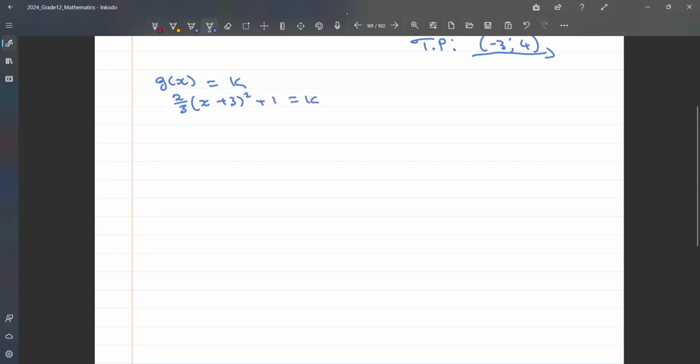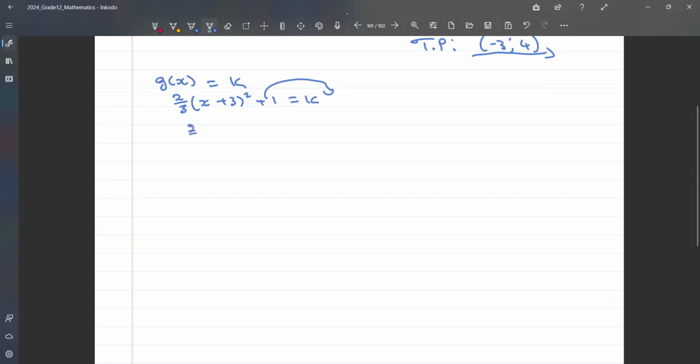Let's be careful here. We then have to work out the nature of roots. So here we are going to transpose the 1 to the other side so that we can solve the values of x. And then we also have to multiply further.